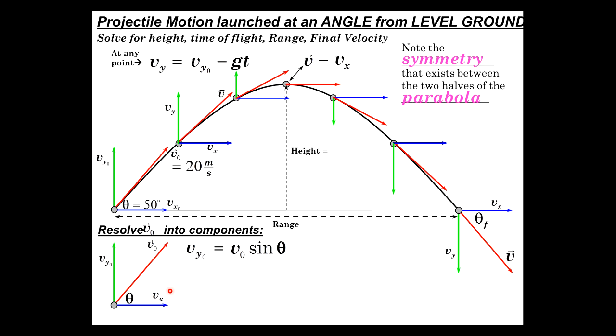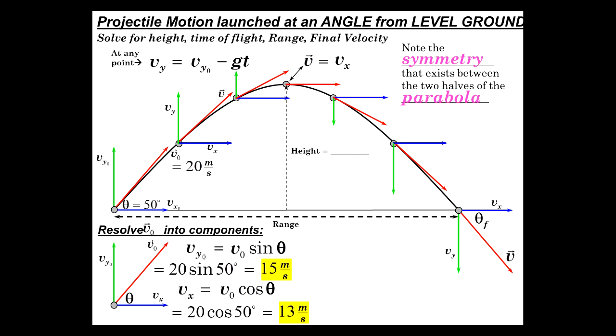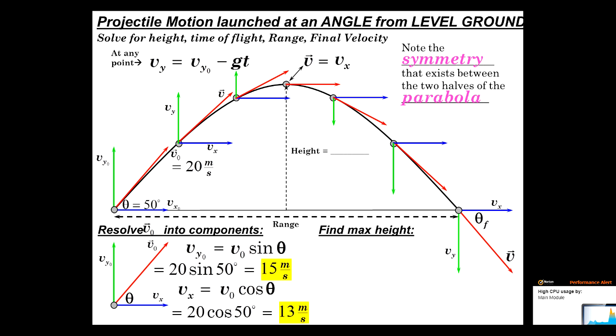If we add the vector on here, it's Vy0 divided by V0, the hypotenuse, and that lets you solve for Vy0 as V0 sine theta. So that's 20 sine 50, or 15 meters per second. Now Vx, not changing, is V0 cosine theta, which is 20 cosine 50, or 13 meters per second.